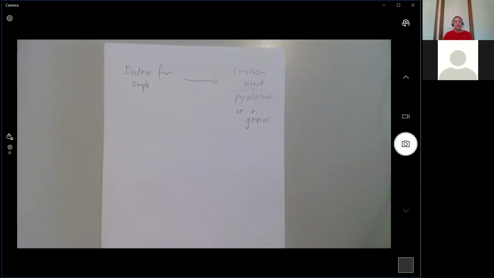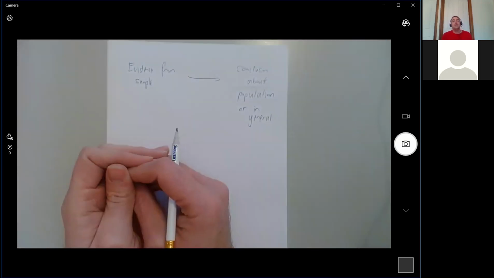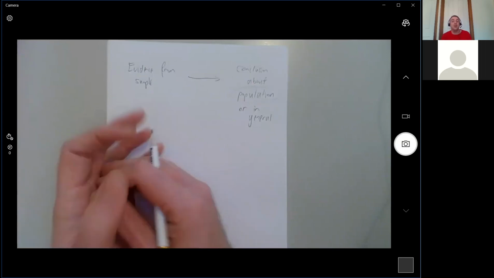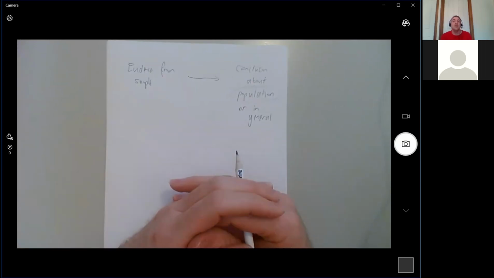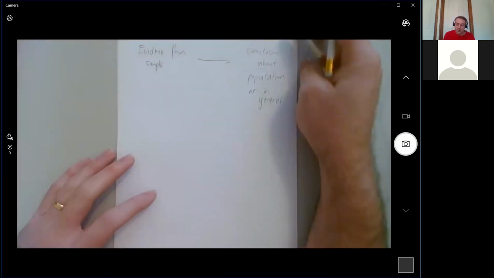So what you're going to do is compare what did happen to a situation that you think, to all the things that could have happened based on an assumption, and use that to decide if your assumption is correct. And that's the idea of hypothesis testing.